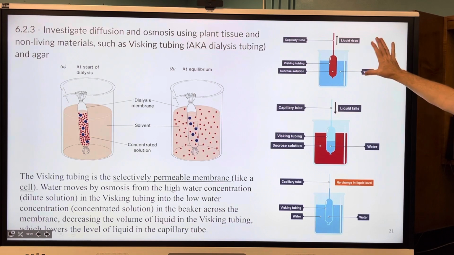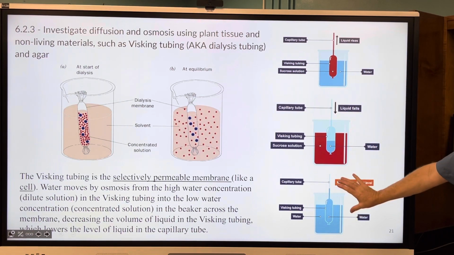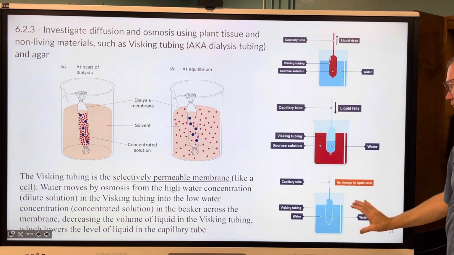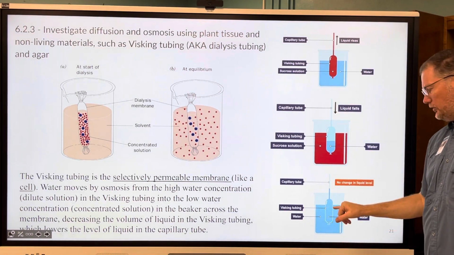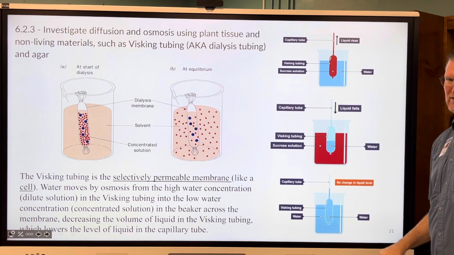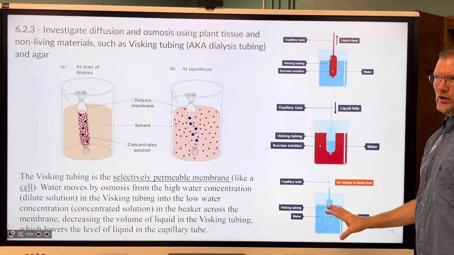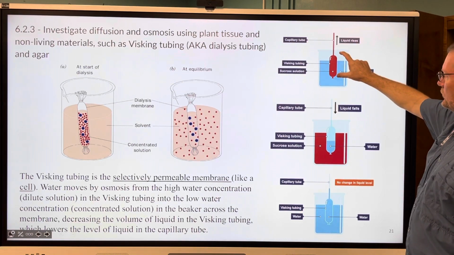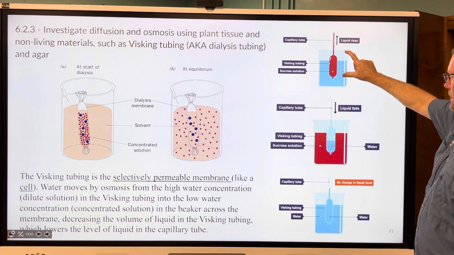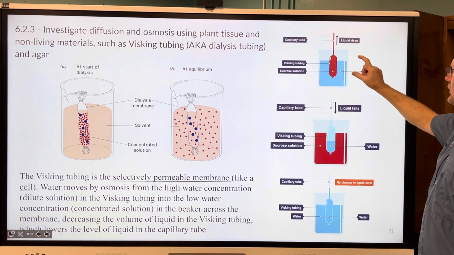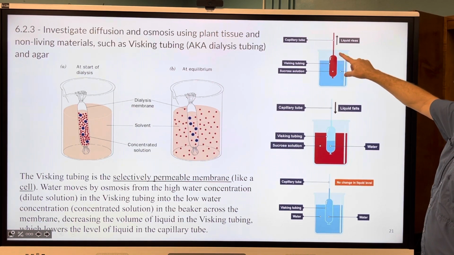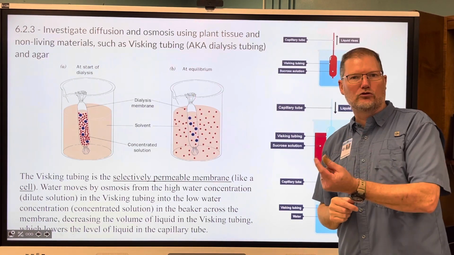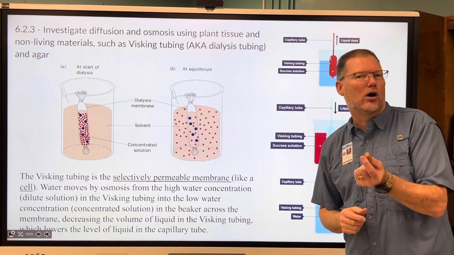So this is essentially describing what's happening in these pictures, okay? If I may describe these three different scenarios, this is an order, and then this one, nothing's going to happen because it's just pure water inside and out, okay? That's kind of a control. So this one has the sucrose solution in it now, and sucrose is just a glucose and a fructose. So it's still kind of small.